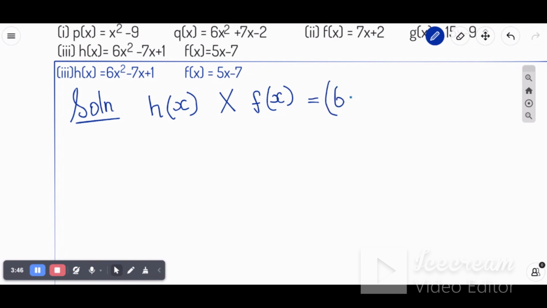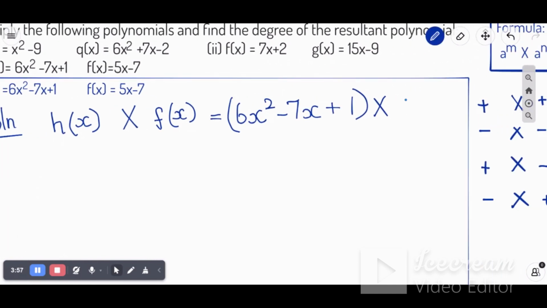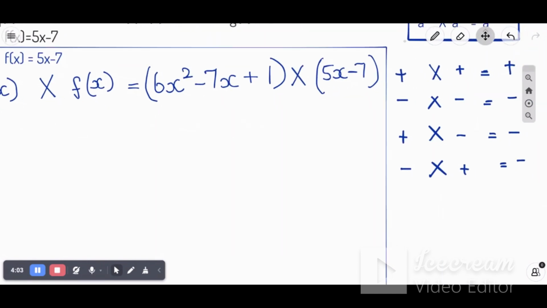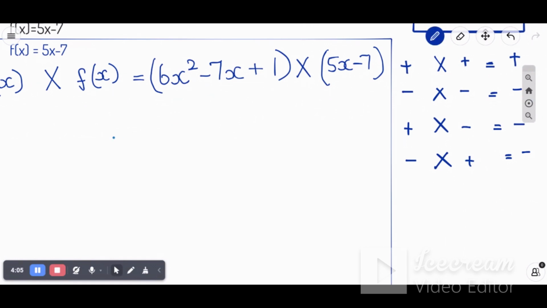So h of x is 6x square minus 7x plus 1, and your f of x will be 5x minus 7. Okay, so let us start writing it in a single step. Let me put the equal to symbol first. What we are going to do is, in a similar way, start with your first term and multiply with each and every term in the second polynomial.